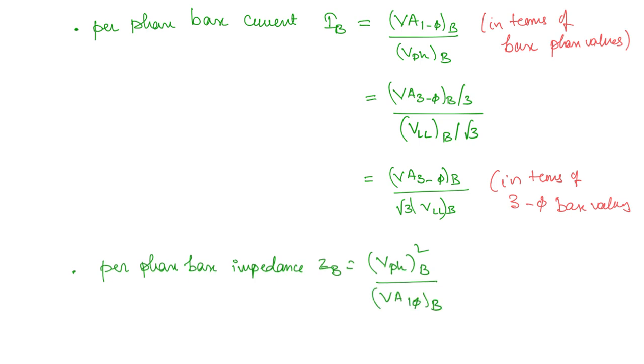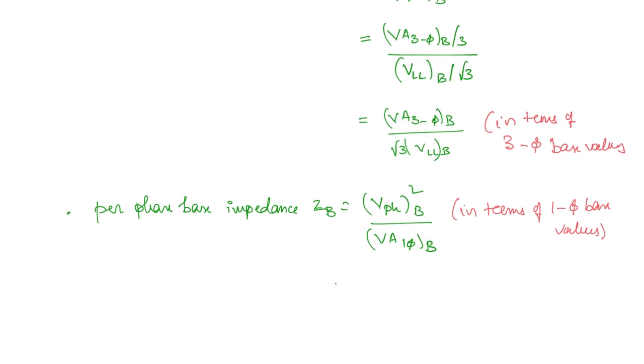Okay, so this is in terms of single phase base values. And in terms of three phase, if you substitute, you are going to get the same thing. Here there is no change: base voltage square divided by the three phase base value. Okay, so this is in terms of three phase base values.